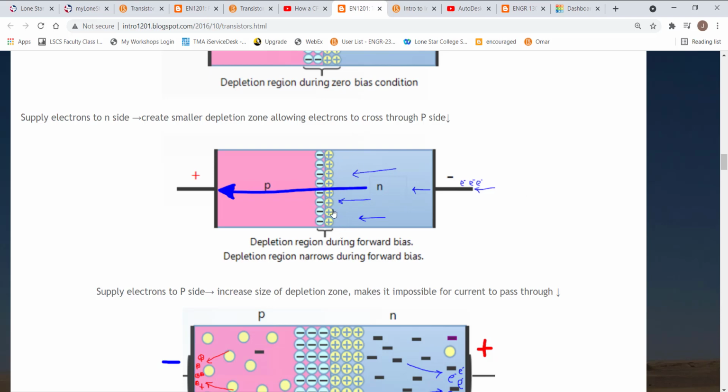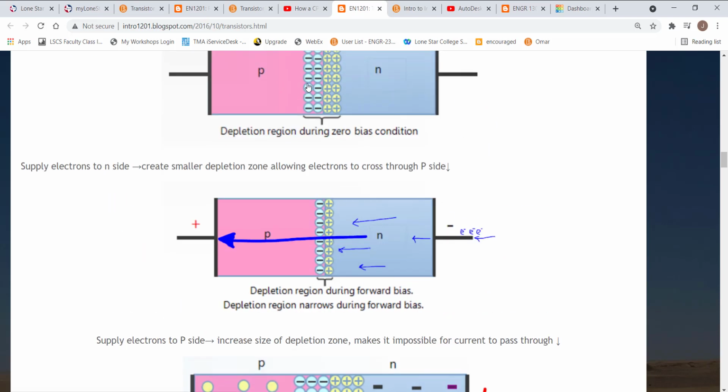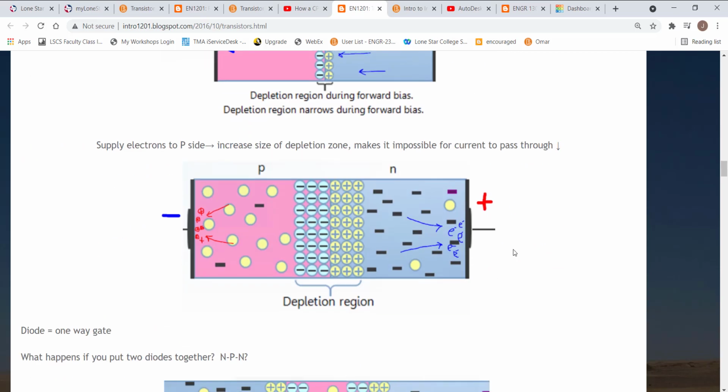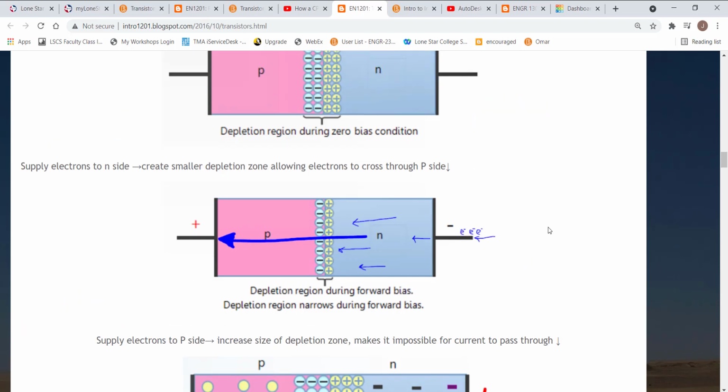It has some positive holes. So the electrons, negative attract to positive, and everything is happy, and it will flow through this direction. If I try to put electrons into the other side, negative repels negative, and it can't go through. So it's essentially a one-way valve for electrons. It can travel one way, but it cannot travel the other way.